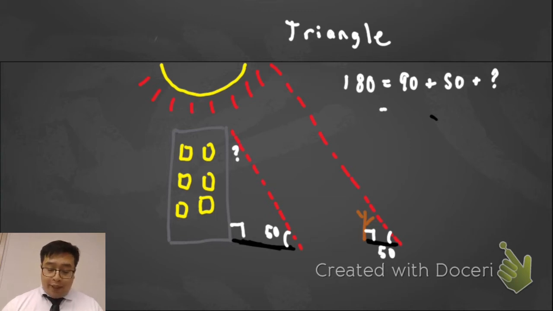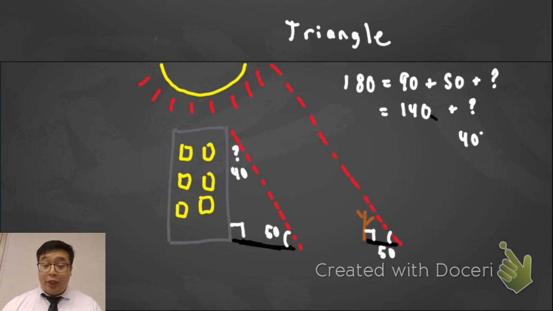Well, 90 plus 50 is 140 so far, plus a little bit more should bring us to 180. That little bit more is going to be 40 degrees. And since the other triangle also has a 90 and 50, this third angle is also going to be 40 degrees.